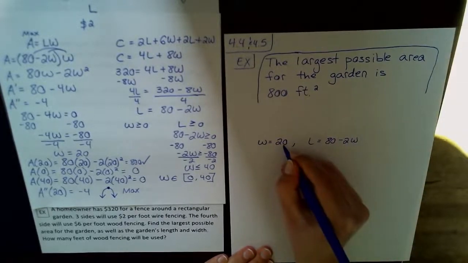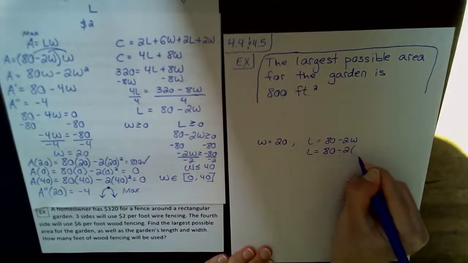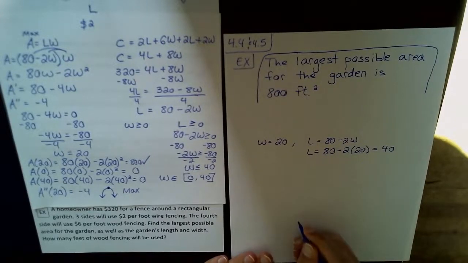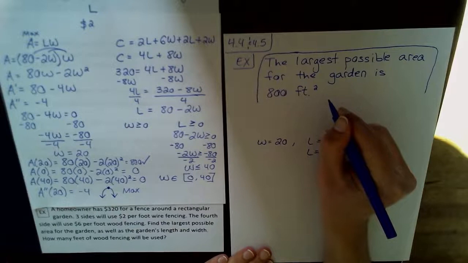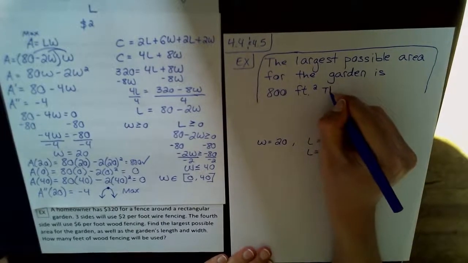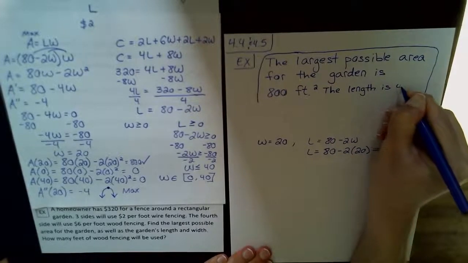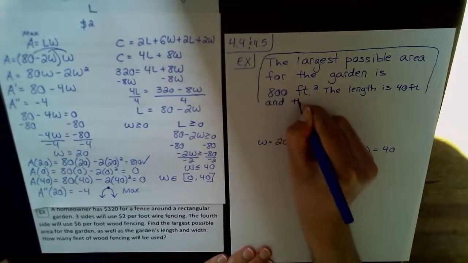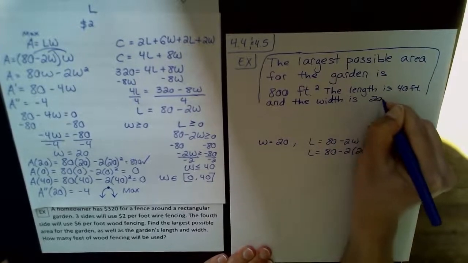So since W is 20, then L, or the length, is 80 minus 2 times 20, which leaves us with 40. So, to continue on with our answer, what are the length and width? The length is 40 feet, and the width is 20 feet.